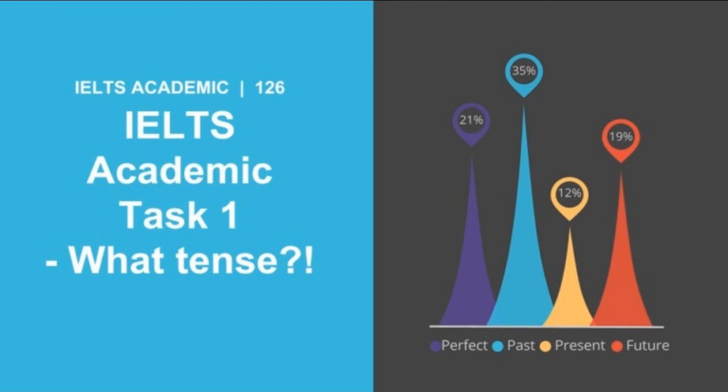Okay, next one, will exceed. Here it's a future simple, will exceed. You can use this, for example, in the chart we had before about sugar consumption. If it was about the future, we could say sugar consumption will exceed 100 pounds per person by the year 2020, for example.